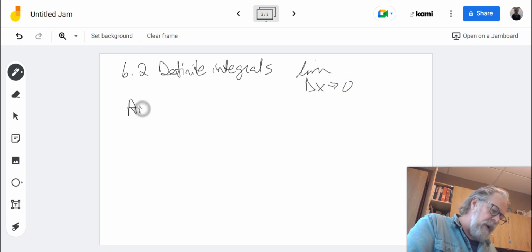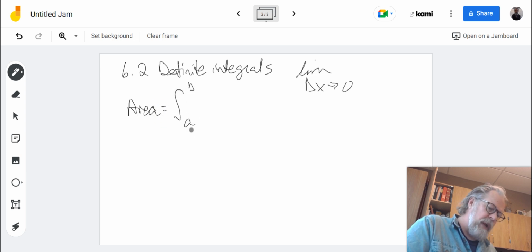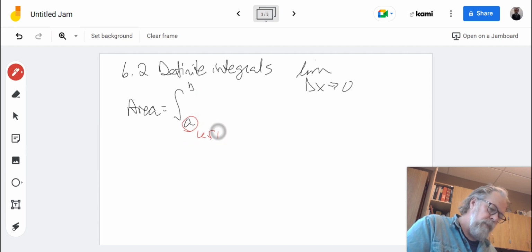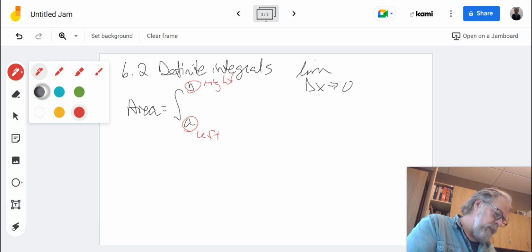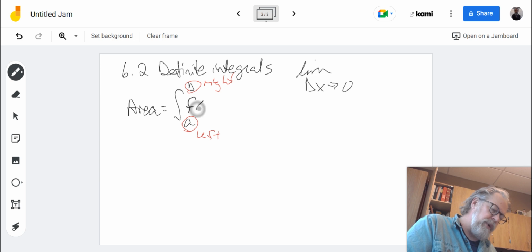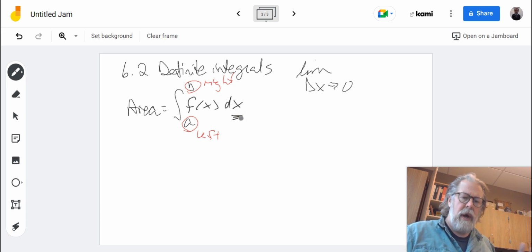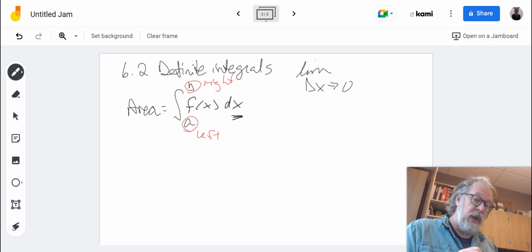So we know that area is equal to the integral from a to b, left end, right end, of the function with respect to x. And that's generally not super important until we get into slightly more advanced work, and then we can maybe start saying with respect to something else. So you do want to be a little bit careful with that.